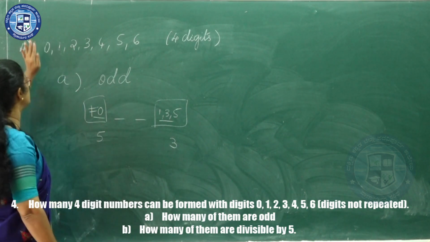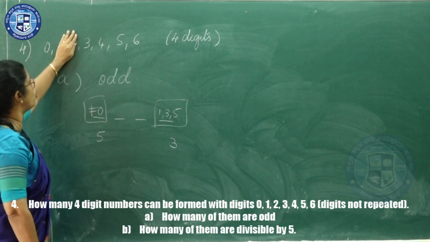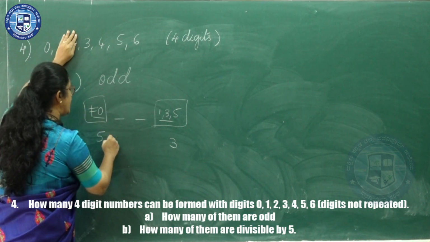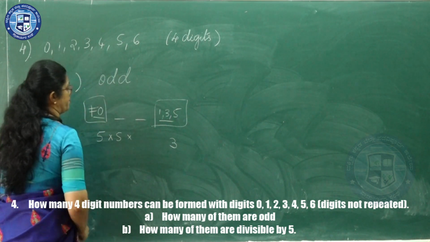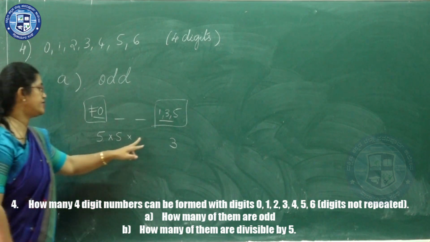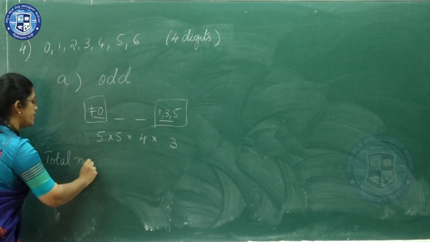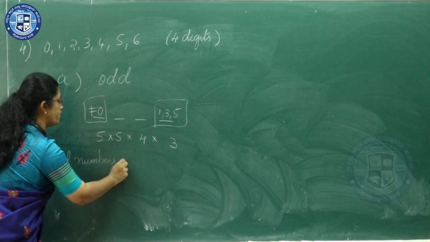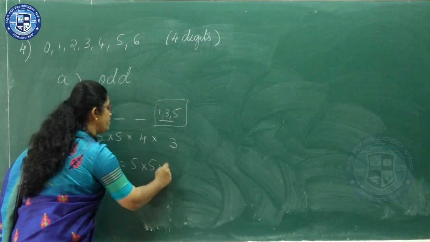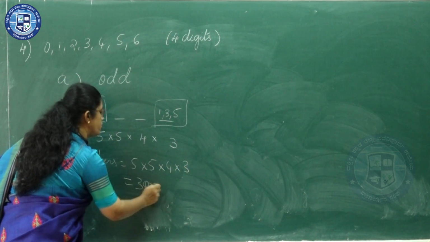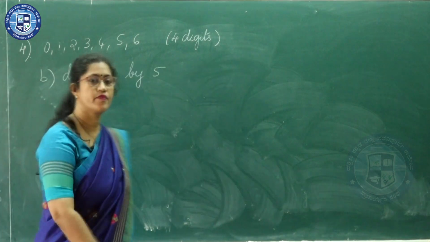So any 2 numbers are gone. How many are remaining? 1, 2, 3, 4, 5. Again it is 5. And then this place it is 4. Total numbers is equal to 5 into 5 into 4 into 3. And that is equal to 300.